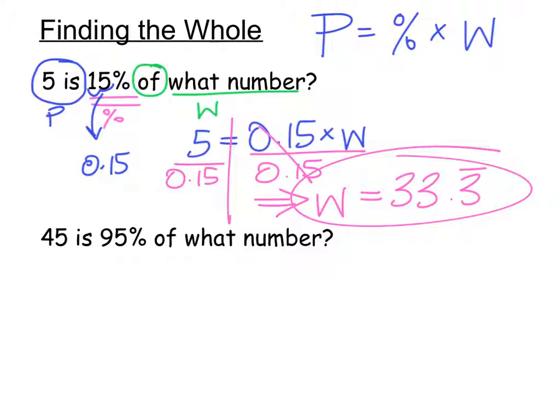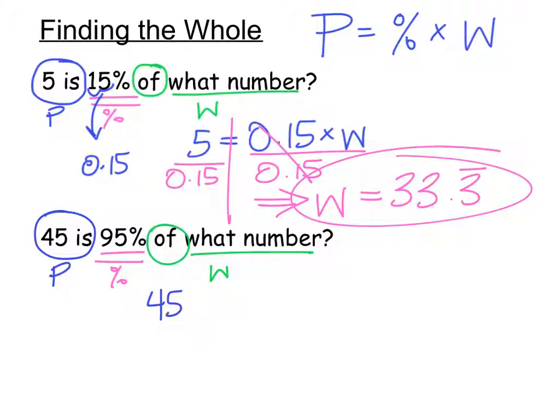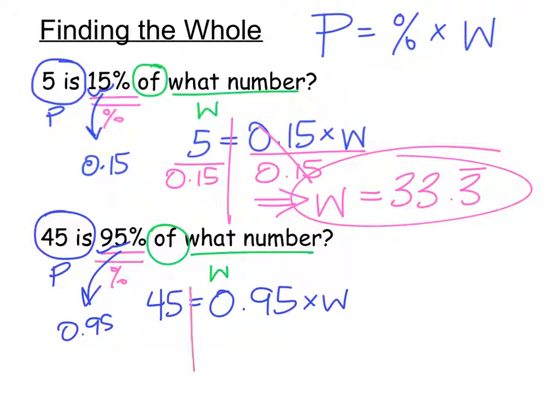And last but not least, 45 is, keyword, 95% of what number? So 45 is the part, 95 is my percent, and of what number is the whole. And so if I put this in my equation, I have 45 equals, 95% as a decimal is 0.95, so 0.95 times W. To solve, we're going to divide by 0.95 on both sides.